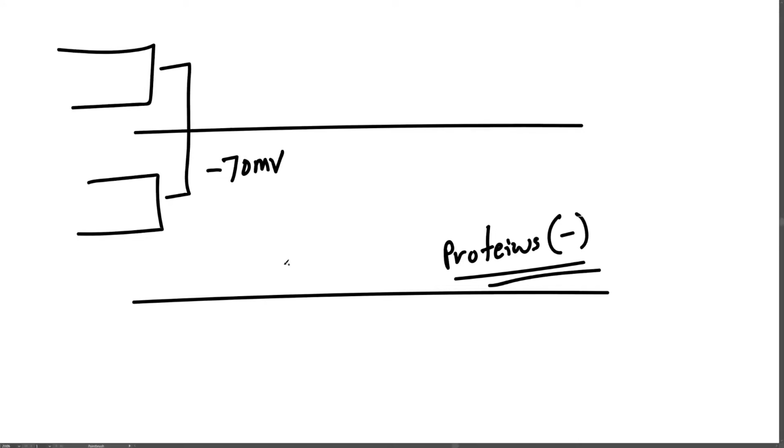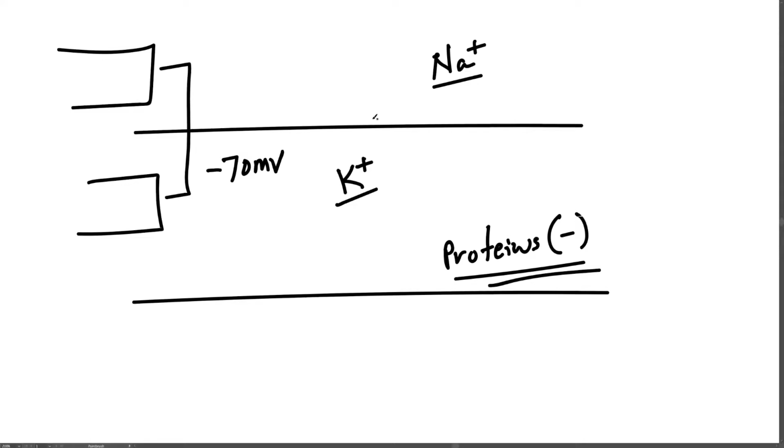Along with proteins, there are very high concentrations of potassium ions inside the cell and high concentrations of sodium ions outside of the cell. So sodium is high in concentration outside of the cell and low on the inside of the cell. And potassium ion concentrations are high inside the cell and low outside of the cell.